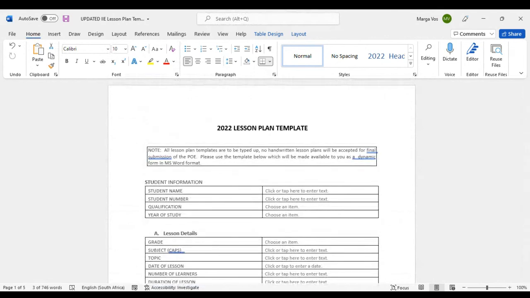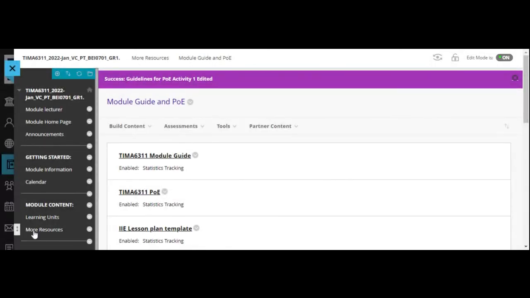All right. I quickly want to show you on VC Learn what I mean, where I've put everything. So just quickly bear with me so that I can select the correct tab. On VC Learn TIMA6311, you will have more resources there at the left-hand side.